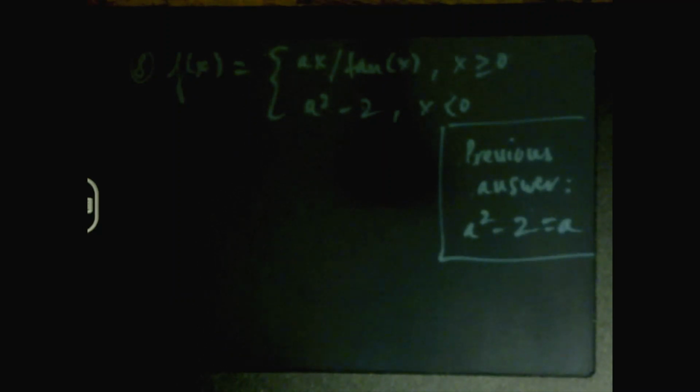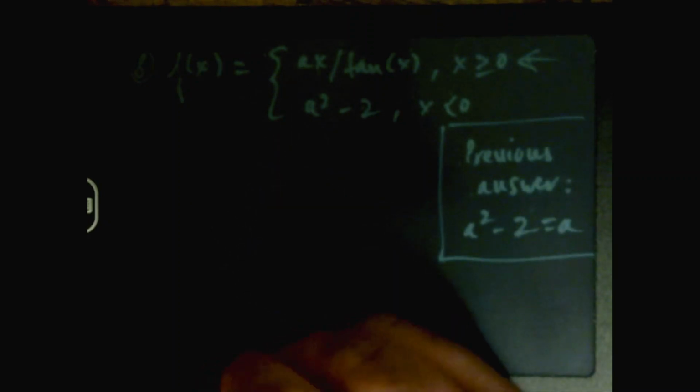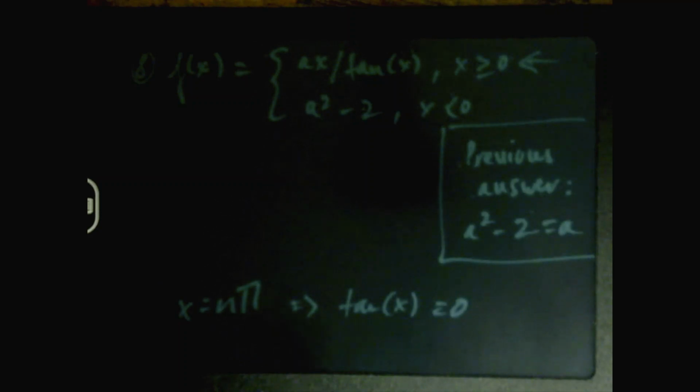The thing is, this is going to make f of x continuous, but only around the point 0, right? And I actually thought that that's the only point that's going to give us a problem, but that's not true. The problem lies with this part, you know? The problem here is that for any value of x which is of this format, n times pi, right? So let's say pi or 2 pi, 3 pi, stuff like that. What happens is tan of x actually goes to 0, right?